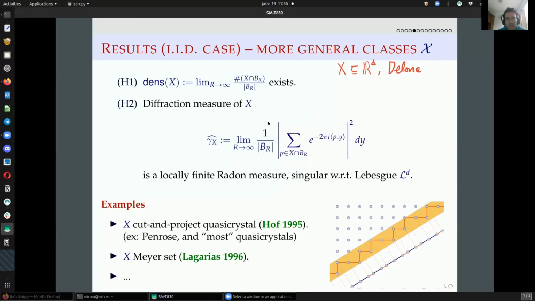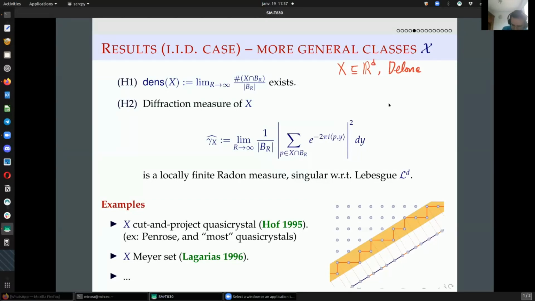And then we have a hypothesis about the diffraction measure of X. The diffraction measure comes up in applications when you have a crystal and you send X-rays into it. Then I'm looking at how the diffraction of this set works by checking the intensity of the energy from my X-ray depending on the direction in which I send it.